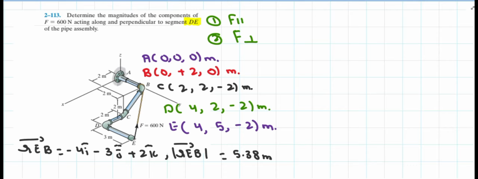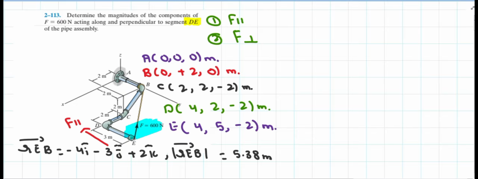But look at the diagram. This is the 600 Newton force. And if I take that particular component of this force which is acting along the DE segment, it may look like this. The red one is the parallel component of force F which is acting along the DE segment.